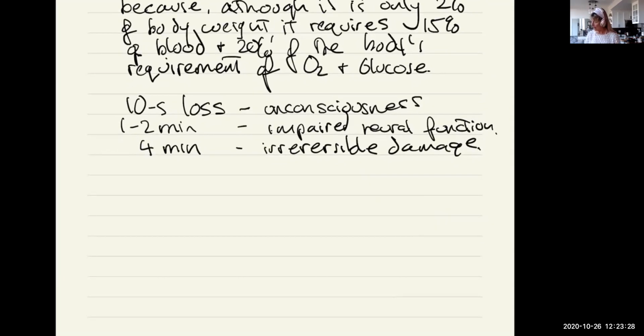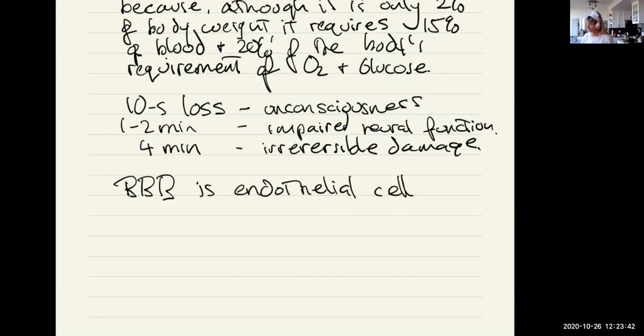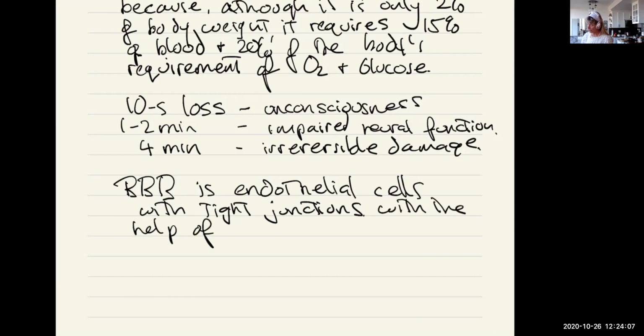So what is the blood-brain barrier? The blood-brain barrier is endothelial cells with tight junctions between them that hold the cells closely together, and the astrocytes help to keep those junctions tight.